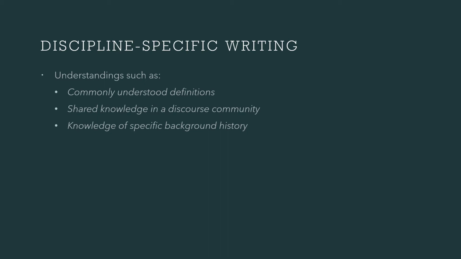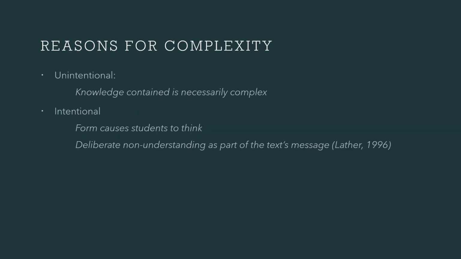Such as if you're writing a history paper, you can generally assume quite a bit of knowledge about history already, and maybe provide less context for the reader. This also contributes to some complexity in understanding. And so what we've covered so far are kind of unintentional reasons for complexity to exist in writing.